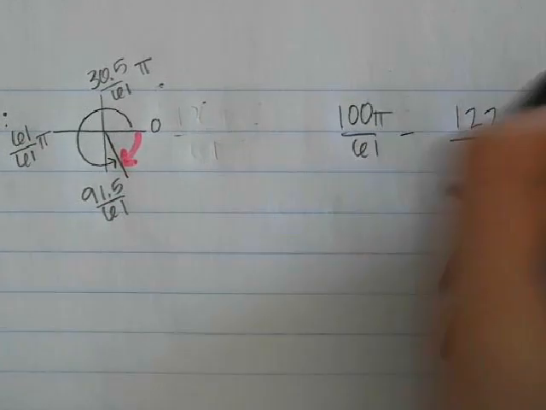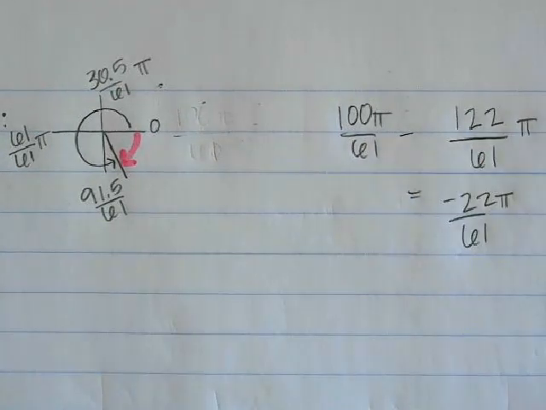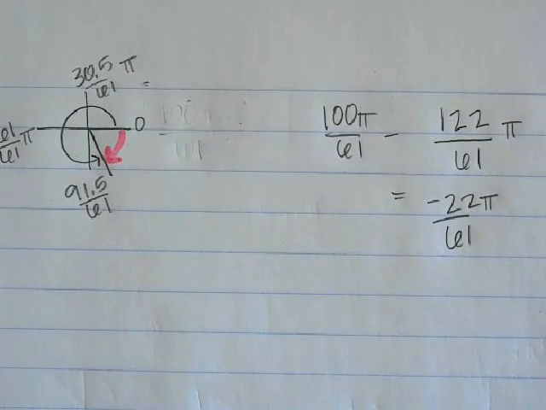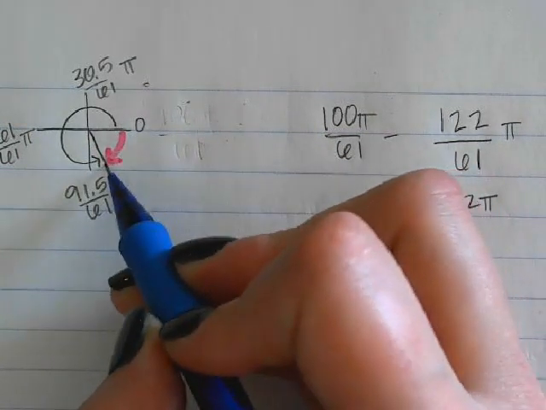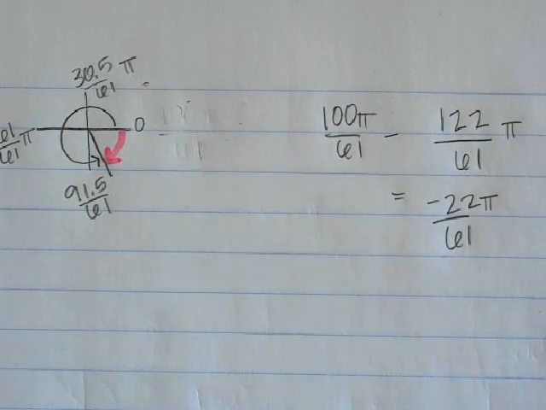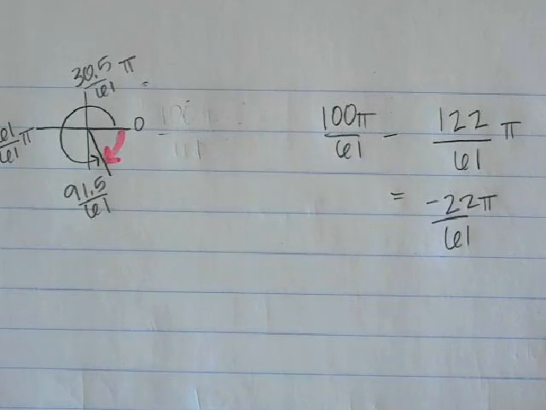Okay. And when you do that, you get negative 22π over 61. You did it the way where you were saying 100 to, yeah. You did the same thing, you just did it more like visually versus mathy. Okay.